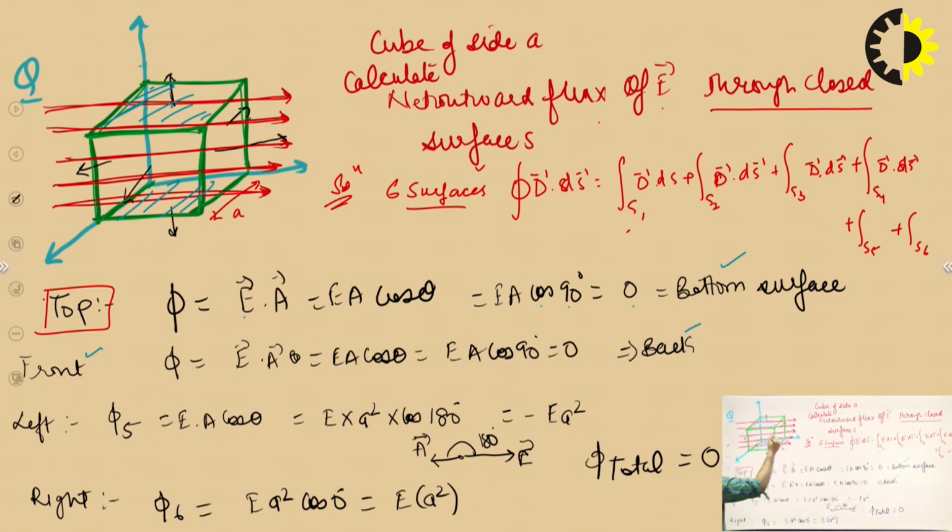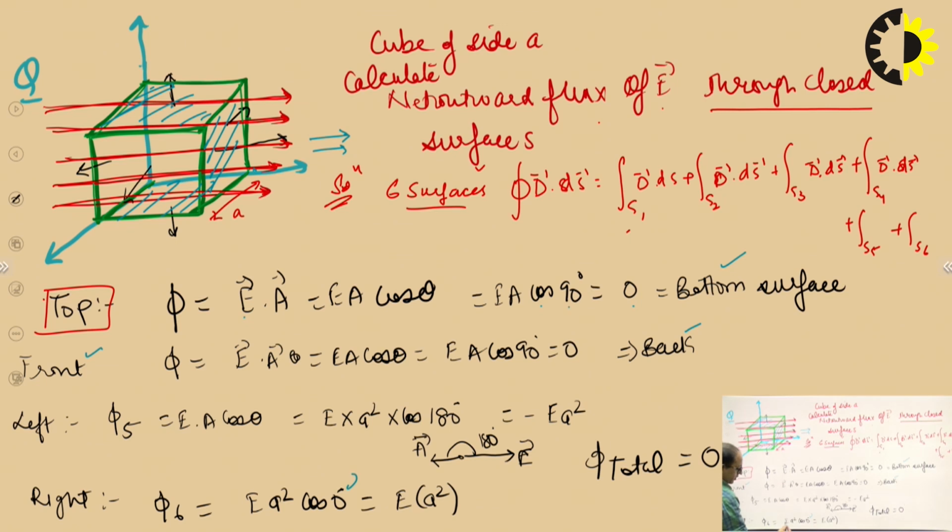Now for the left surface, this is the E vector, the electric field passing through, and the surface unit vector is also in this direction. So the angle between these two will be 0 in one case and 180 degree in another case. For the right surface, both are in the same direction, so the angle between these two is 0 degree.